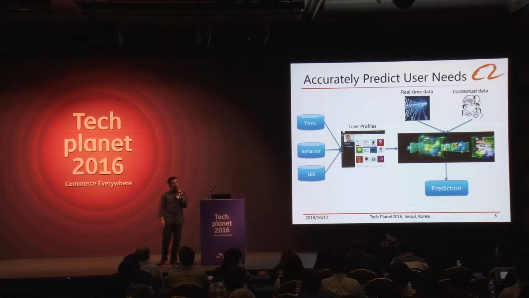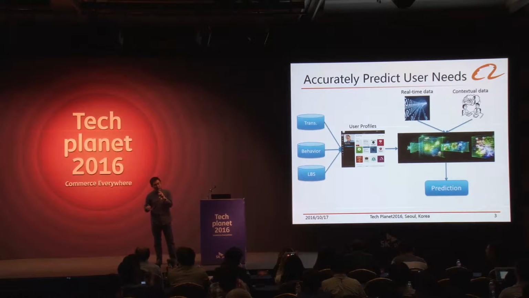Now, for the prediction problem, Alibaba has done very extensive work. Usually, it's divided into several steps. The very first step is to integrate all the information that you have, including the transaction information, the behavior information of users online and offline, and also the local-based service information to build a comprehensive user profile.